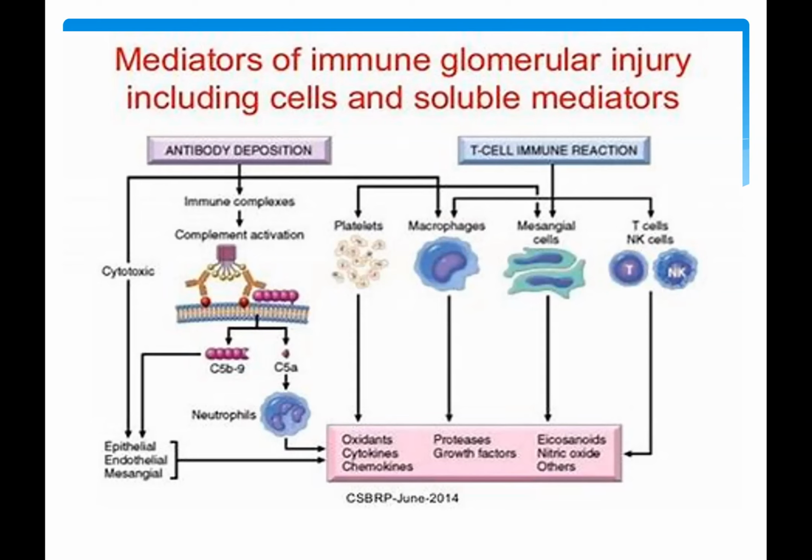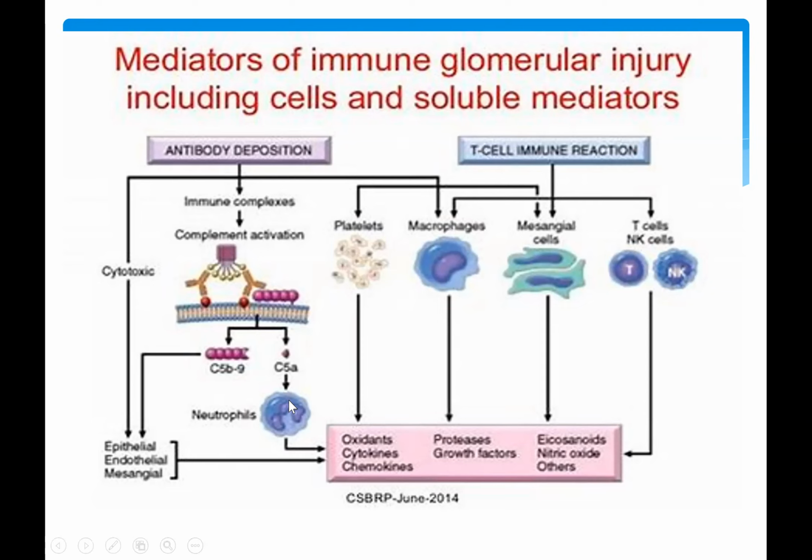The neutrophils and monocytes usually infiltrate the glomeruli in most glomerulonephritis. It is usually leading to activation or generation of chemotactic agents, particularly C5a.